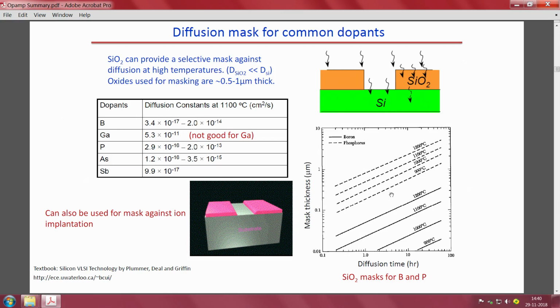So, this is the plot showing what should be the thickness of my silicon dioxide mask with respect to time and temperature.